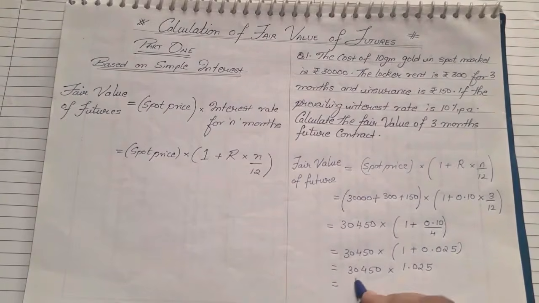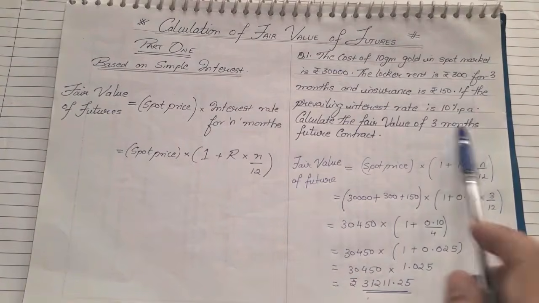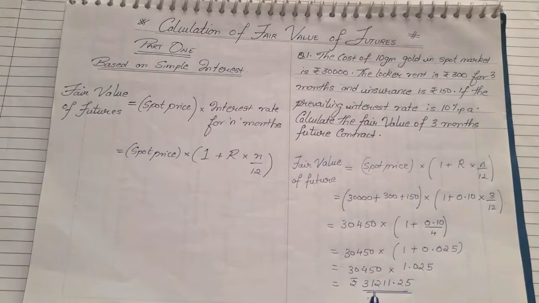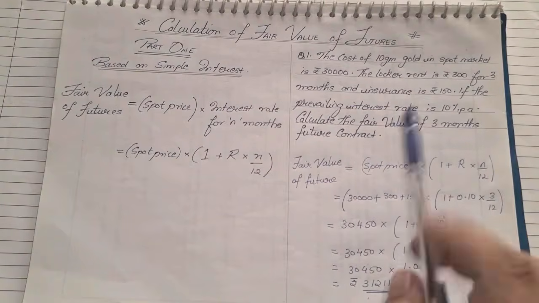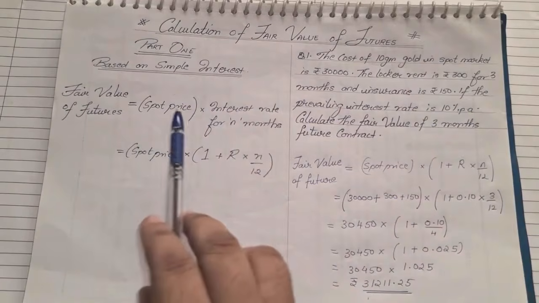You multiply them and you will get your final answer as rupees 31,211.25. So the fair value of future for 3 months is 31,212.25. Very simple sum, just apply the formula, substitute the values and get your final answer. This was the first sum based on simple interest.